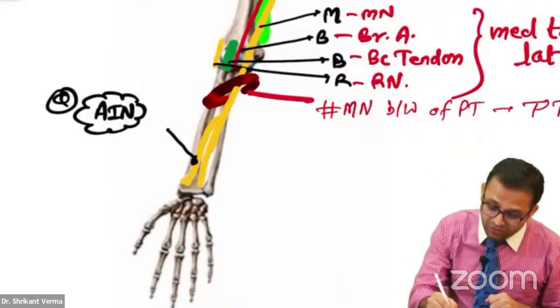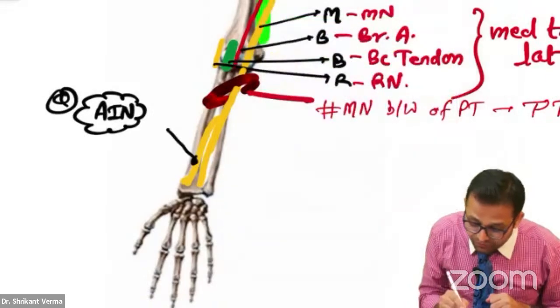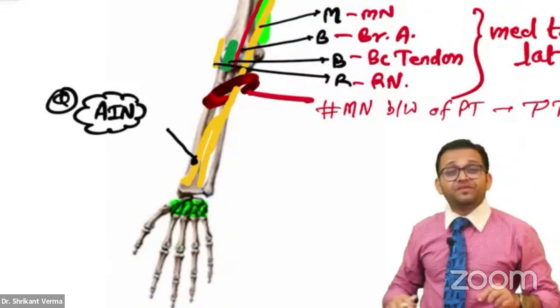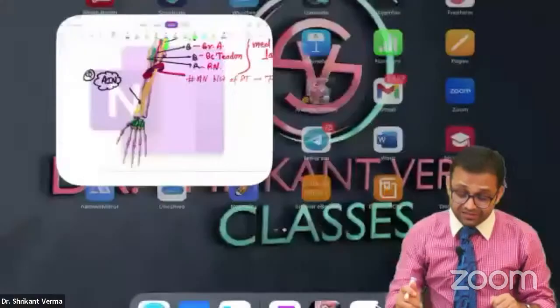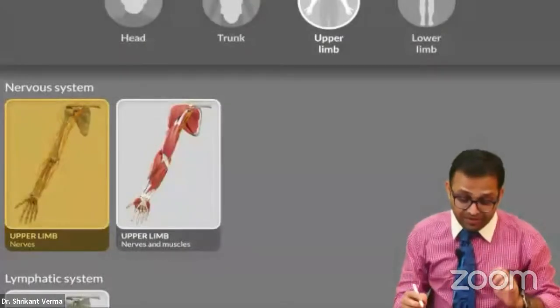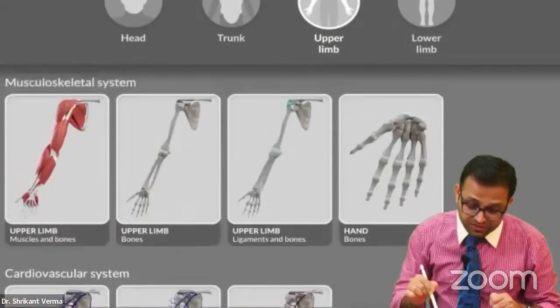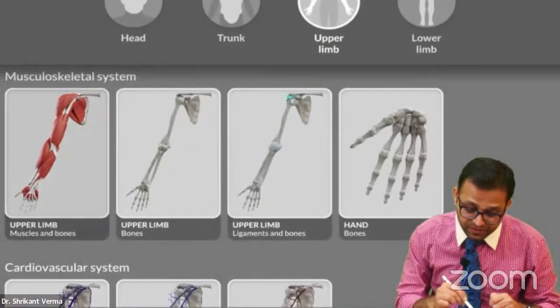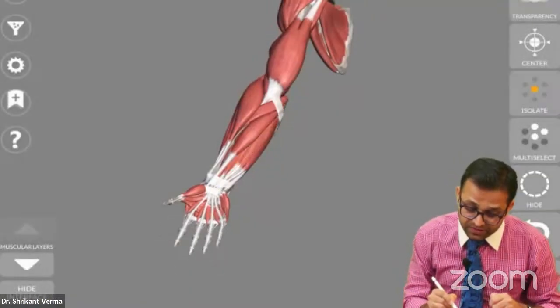Getting the point? Now, here over the carpal bones, you all know there is one modification of the deep fascia. This deep fascia modification is responsible for making the tunnel. It is making one canal which is responsible for the retention of the long flexor tendons.